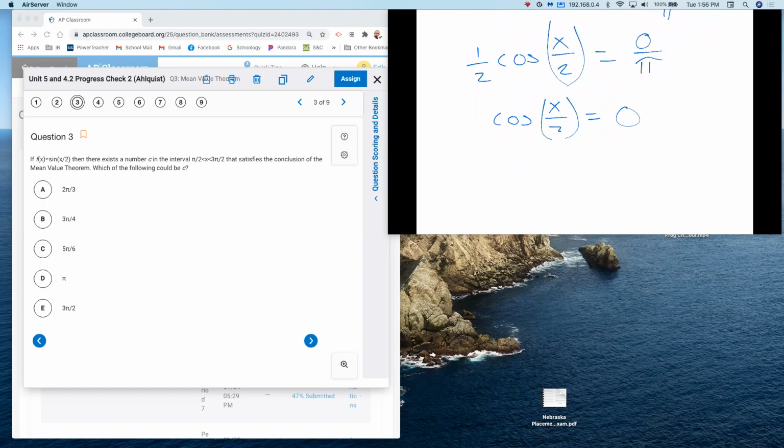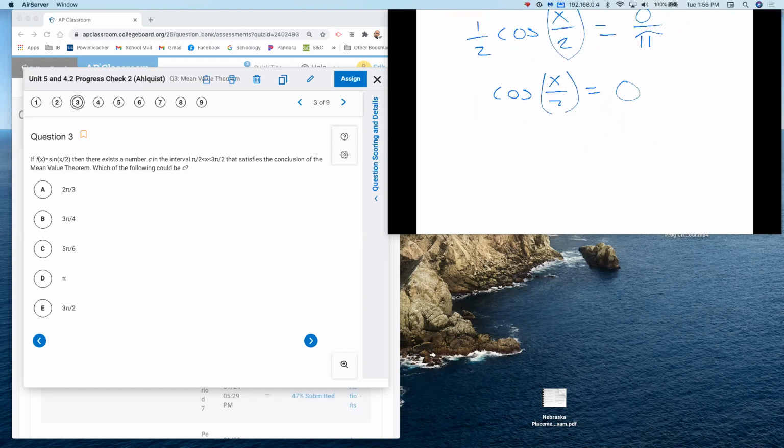So what I would do is I would look at it and say, okay, the cosine graph looks like this. And specifically, we're talking about here to here.